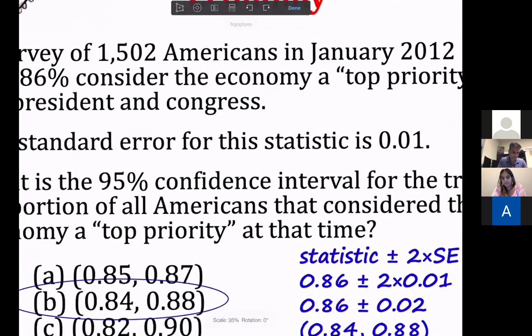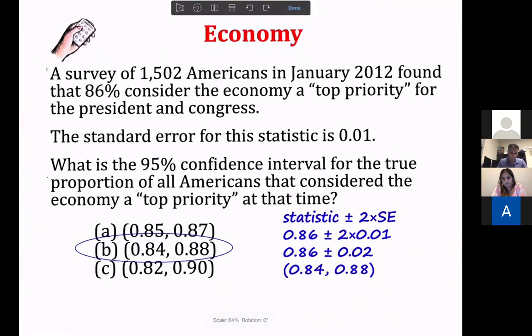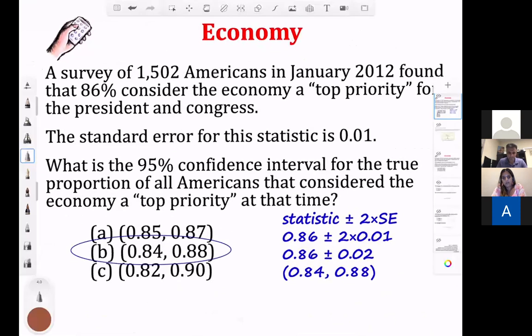We cannot just look at it and say. The formula is a statistic plus or minus 2 standard error. Standard error is the standard deviation of the sampling distribution. If it's less, that means we're doing good. If it's more, that means something's wrong. So this is 0.01. So this will be the interval, which is this one.